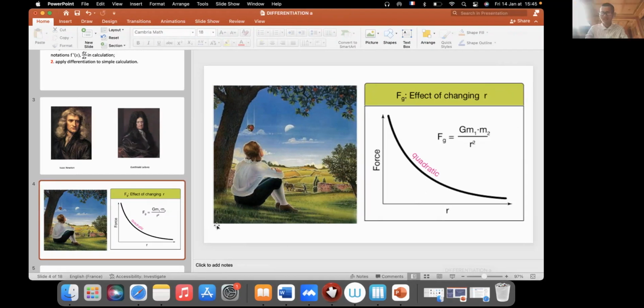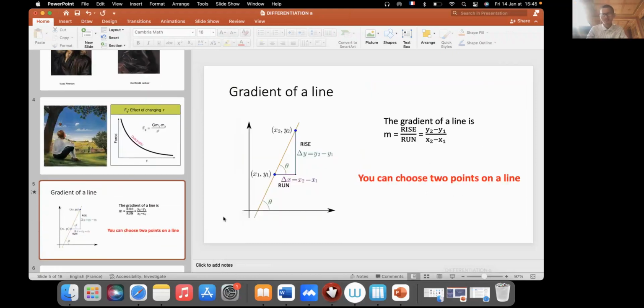Now, again, Newton was a genius, right? He studied from the simple case, the straight line case. Given a straight line, intuitively, it changes evenly at different points, right?